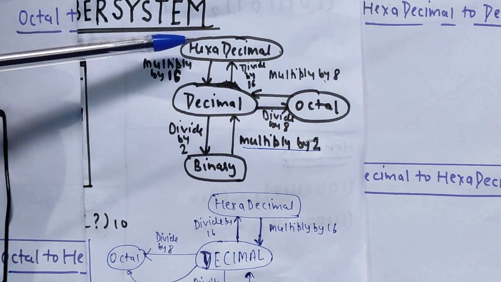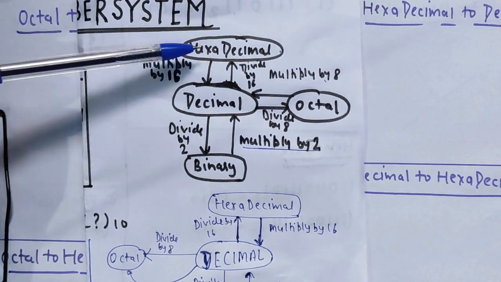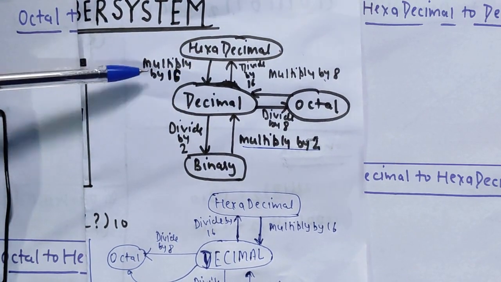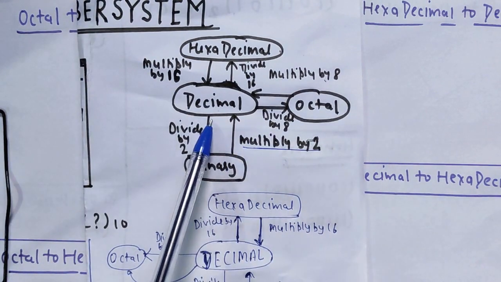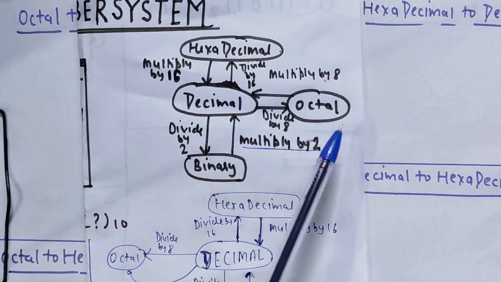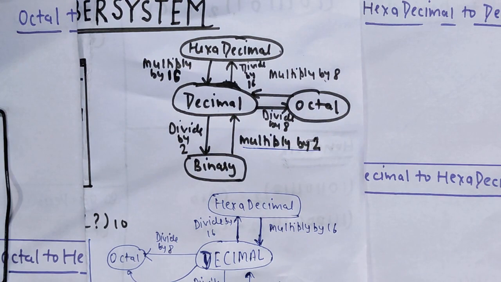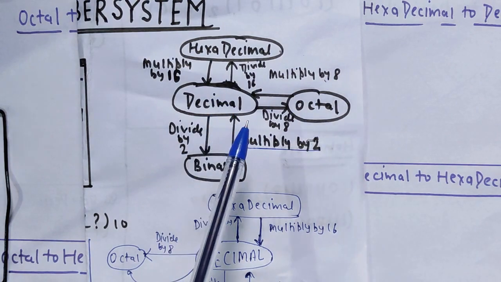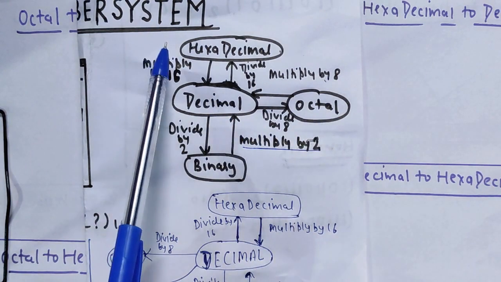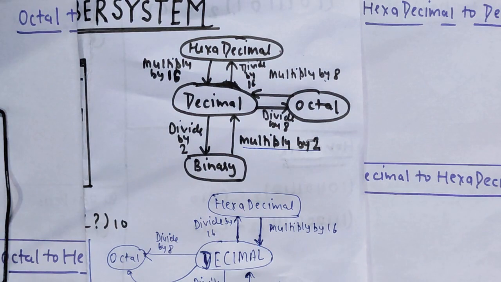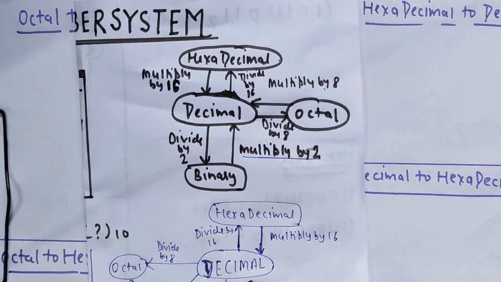If I convert hexadecimal into decimal, again I will multiply, by 16. If I want to convert decimal into octal, I will divide by 8. If I want to convert decimal into hexadecimal, I will divide by 16. So all the incoming arrows represent multiply and all the outgoing arrows represent divide. We will apply this approach here.